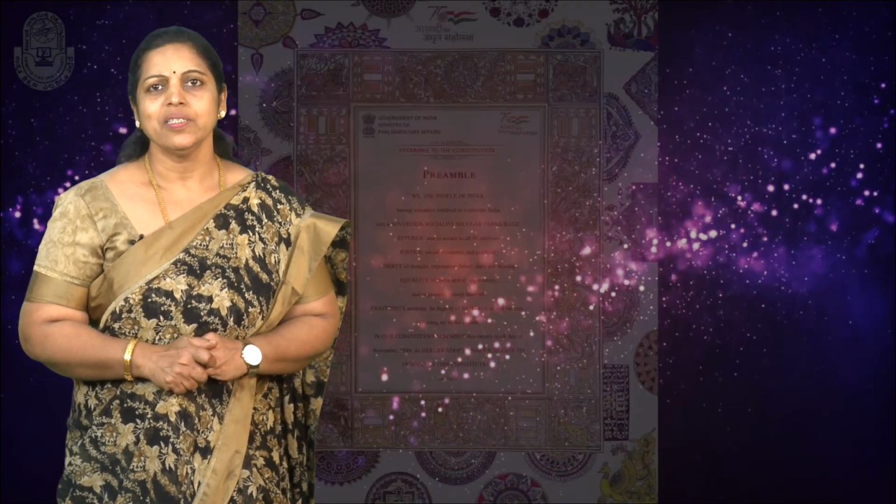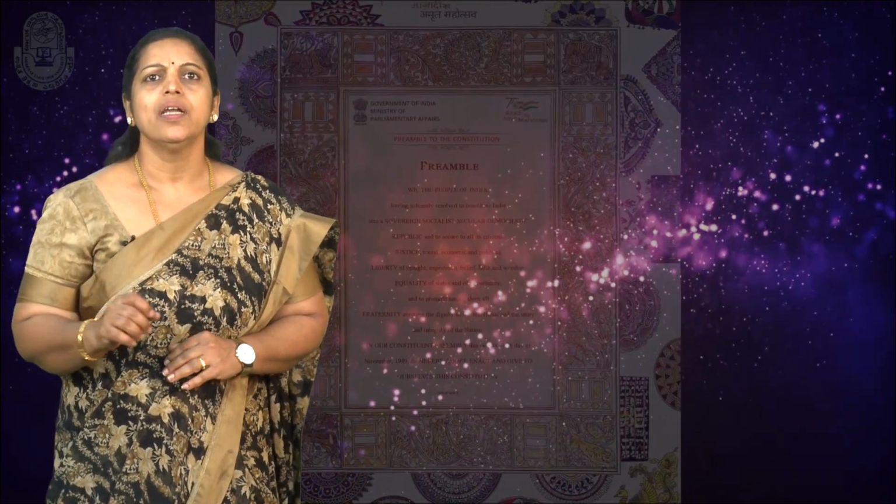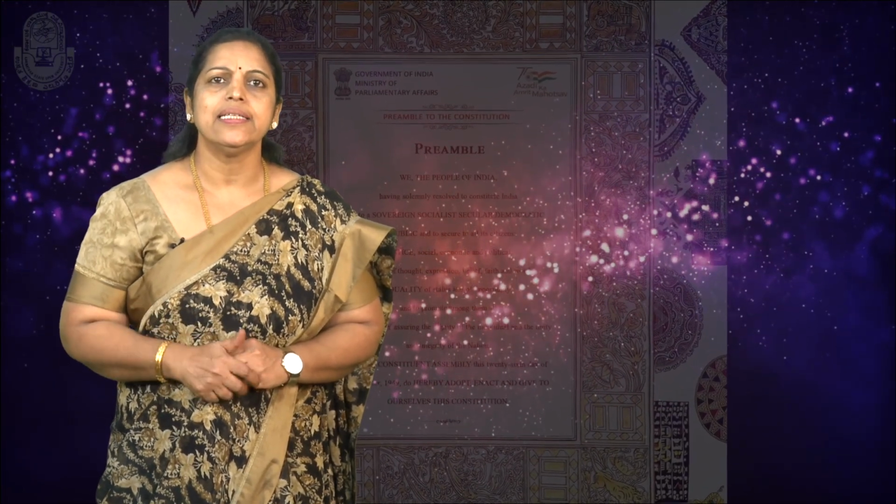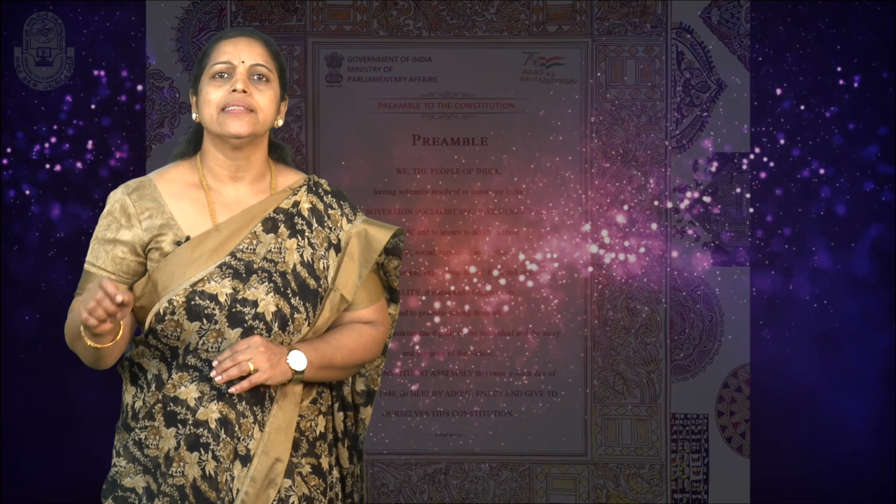A unique blend of rigidity and flexibility is also one of the basic characteristic features of the Indian Constitution. Constitutions are sometimes classified into flexible or rigid. A flexible constitution is one in which amendment can be made rather easily, as in enacting an ordinary law.